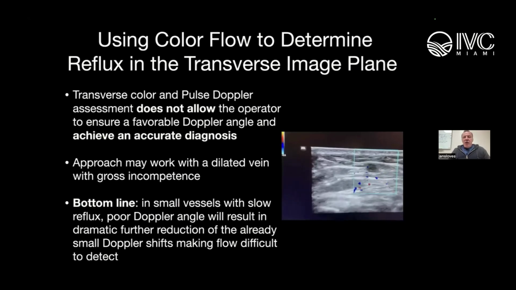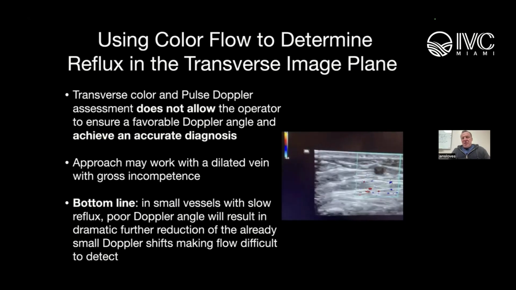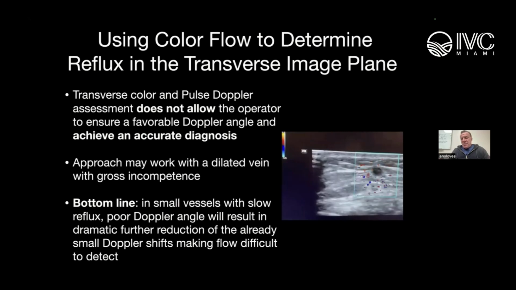Okay, so now let's talk about using color flow to determine reflux in a transverse image. Now I can tell you, so basically I made a couple of points here, right? So, transverse and pulse Doppler assessment does not allow the operator to ensure a favorable Doppler angle in achieving accurate diagnosis. It just doesn't.